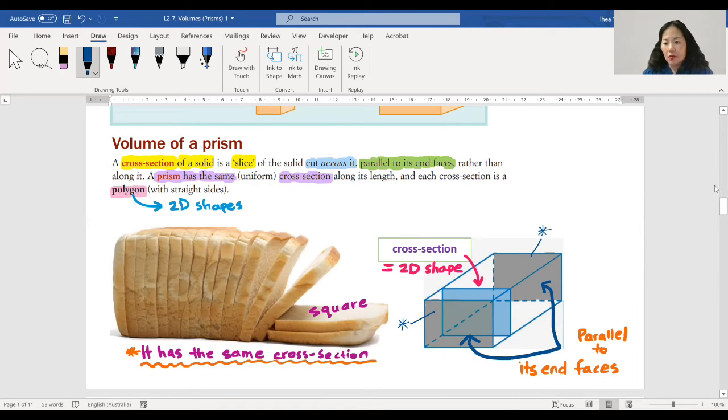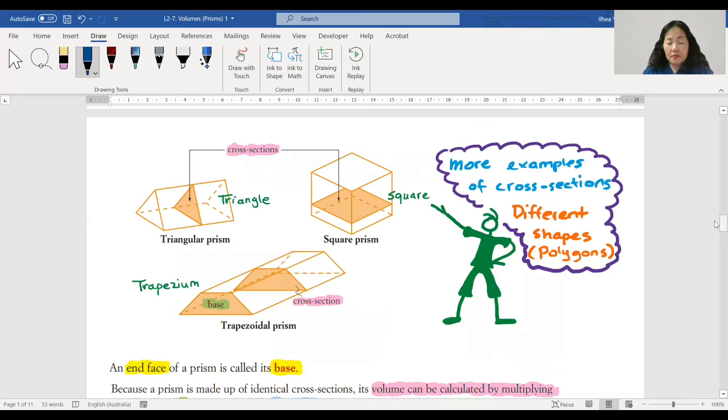For example, with this triangular prism, if I cut it and take the slice out, it'll be a triangle. If it's a square prism, in other words, a cube, if I slice it, it'll be a square shape. Of course, for a trapezoidal prism, if I slice it, it'll be a trapezium.